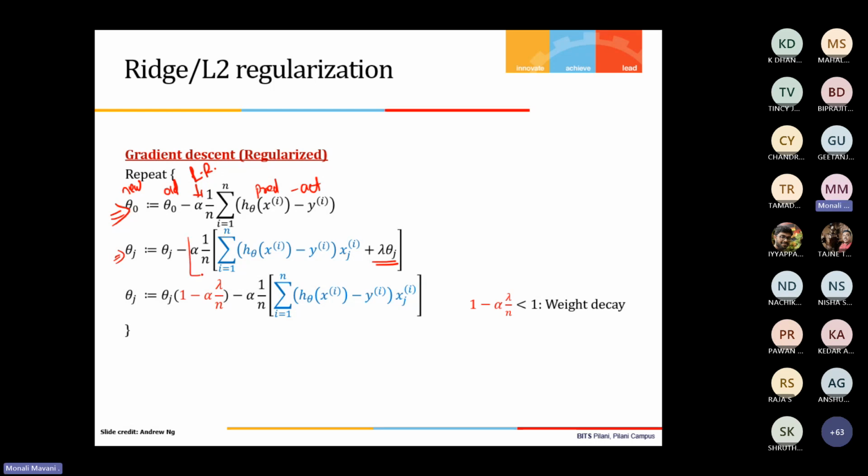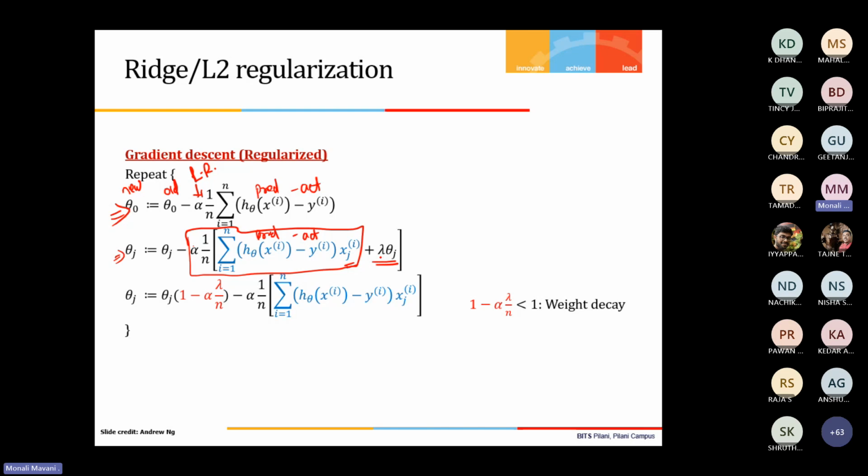This is the original gradient update rule. You can check with the previous slide. Learning rate, 1 by n is the average, and we are summing over all training examples, prediction minus actual multiplied by that feature value. This is the original gradient update rule.